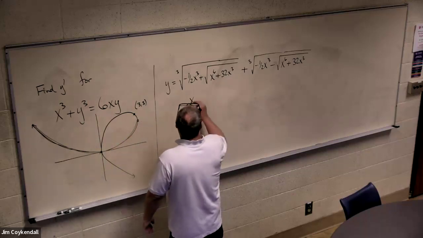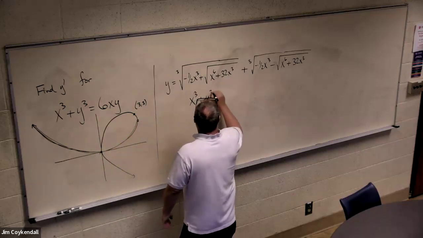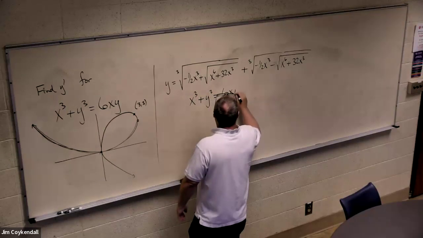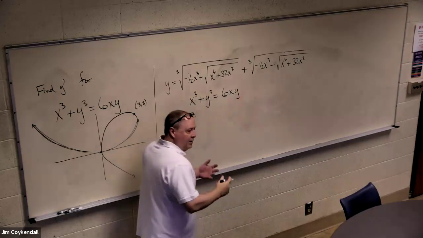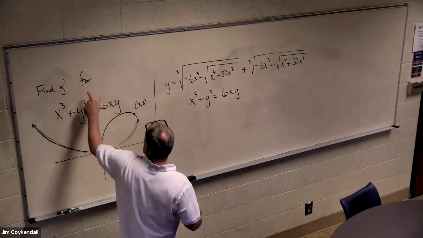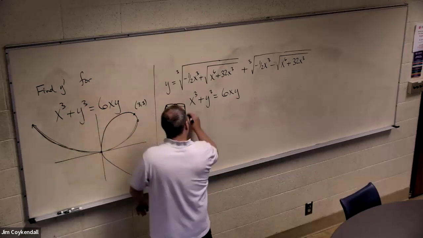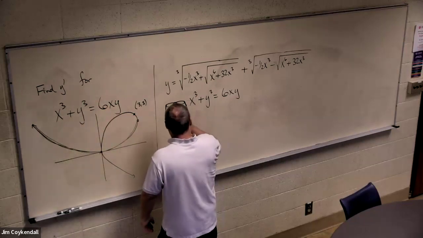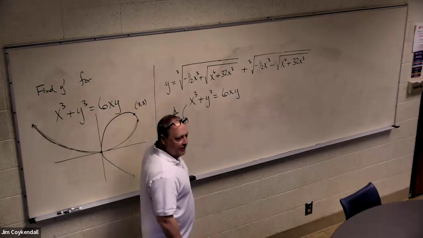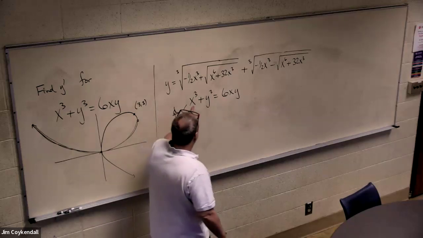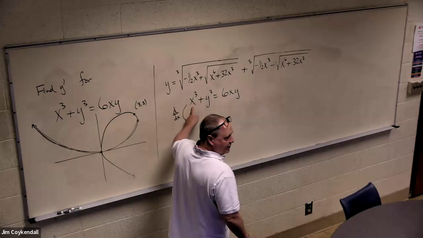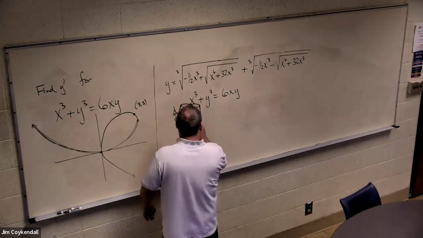Let's do this. x cubed plus y cubed. Now, you get y prime, which is what we're hunting for. What's the derivative of x cubed? Agreed.